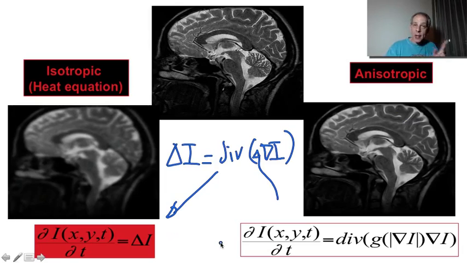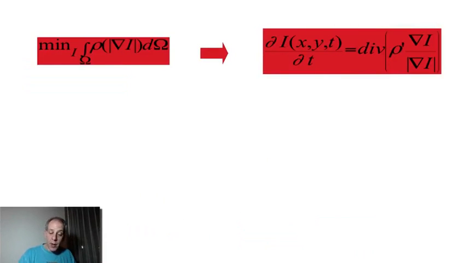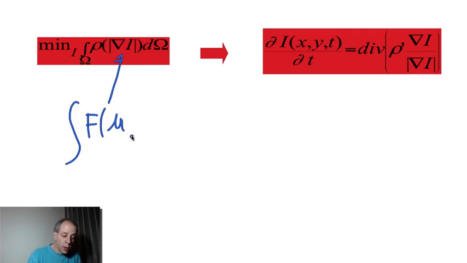These equations are the result of calculus of variations. So if we define any function of the gradient, here, this is what we saw the last time, that we were taking functions of u or derivatives of u, and the gradient is the derivative of the image, and rho here takes the role of f.